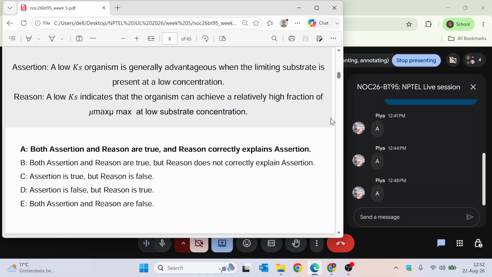So both assertion and reason are right, and the reason correctly explains the assertion. That is why both assertion and reason are true, and the reason correctly explains the assertion.